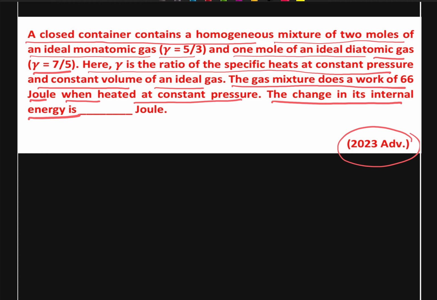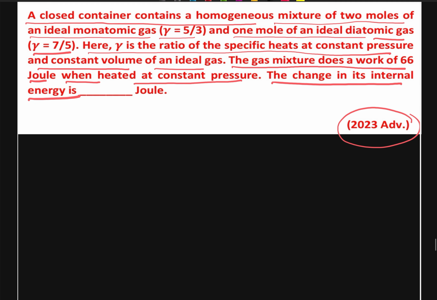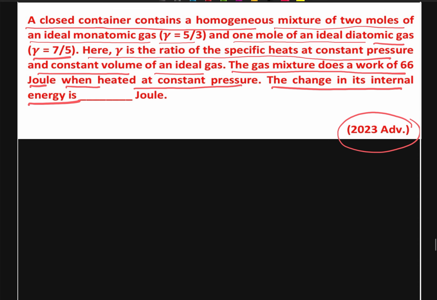So we have to find out change in internal energy, and for that, okay, we start with our work done by using ideal gas law. Work done is equal to P delta V because it is at constant pressure.